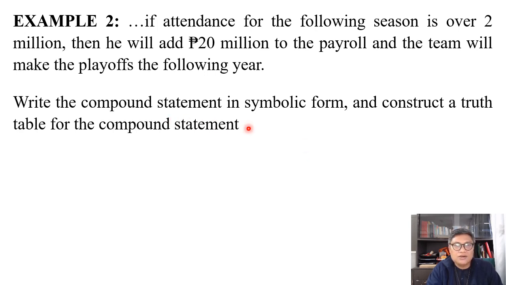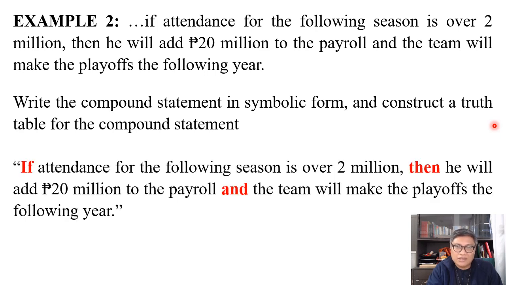Okay, so write a compound statement in symbolic form and construct a table for the compound statements. Because there are 3 simple statements, 2 raised to 3 is 8. So there will be 8 combinations class. Okay, so that will be the one that we're going to create. Of course, we symbolize this first.